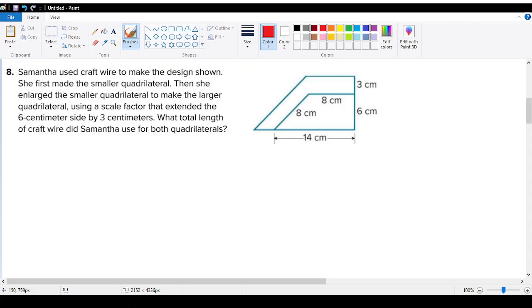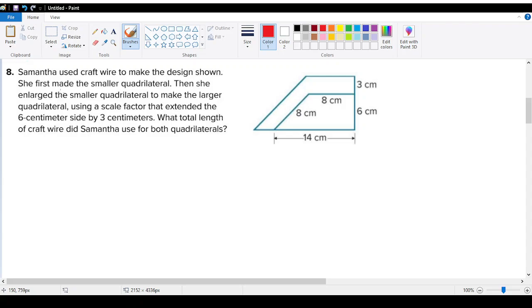Samantha used craft wire to make the design shown. Shamsa, raise your voice, please. I can barely hear you. Samantha used craft wire to make the design shown. She first made the smaller quadrilateral.